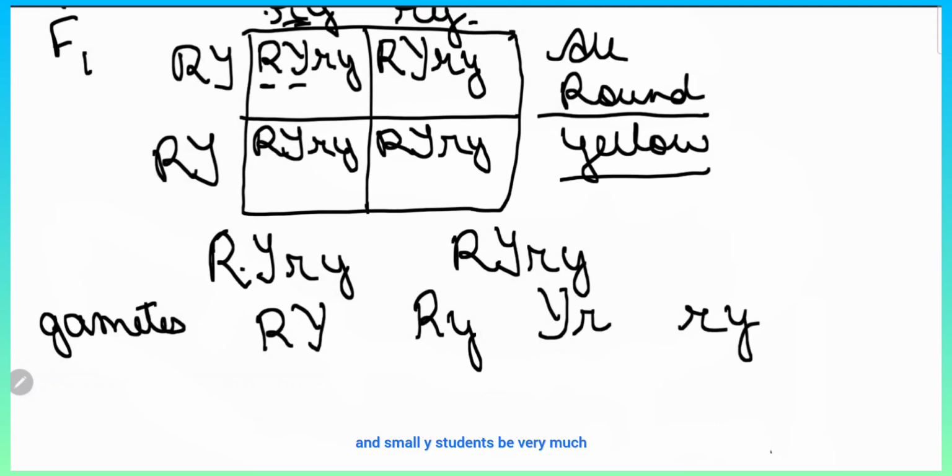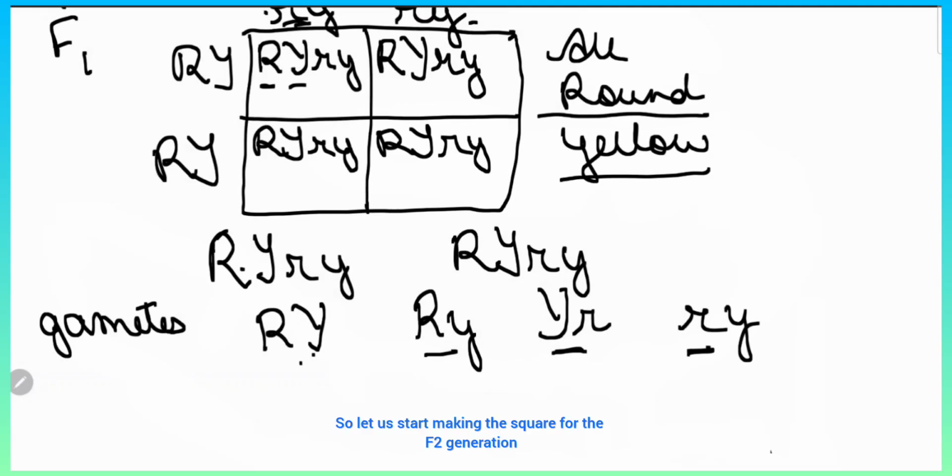Students, be very careful that no two gametes must have the same combination of alleles. The alleles must be of different combinations. So these are the gametes that we have got for the F2 generation.